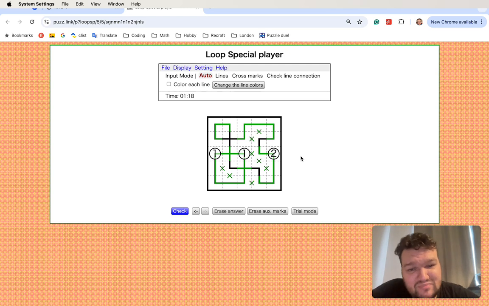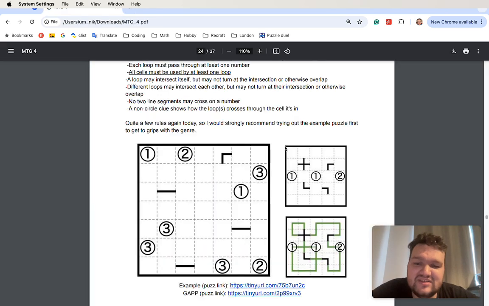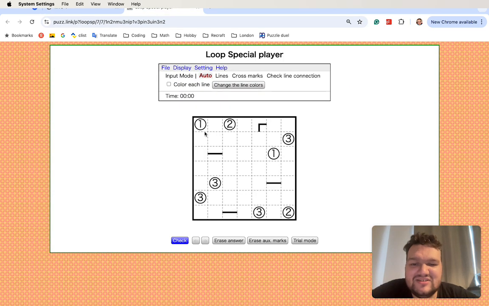Well, the example didn't really teach me anything other than I should just draw the clues that are given and then draw the loops. But I guess that's the puzzle. So let's see how it works out.